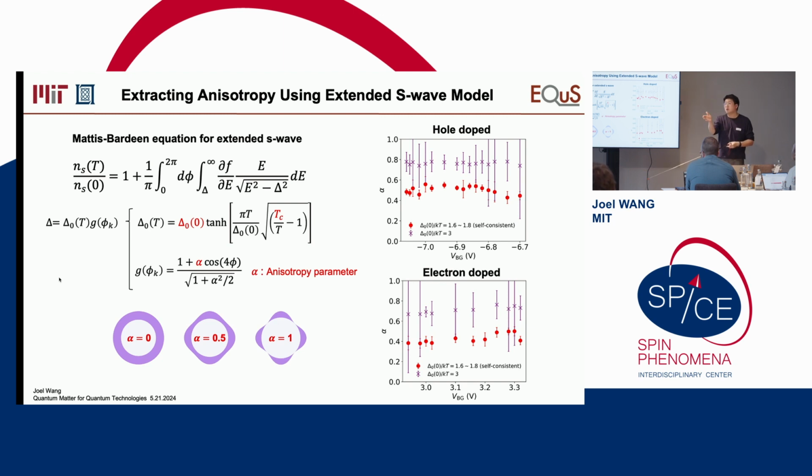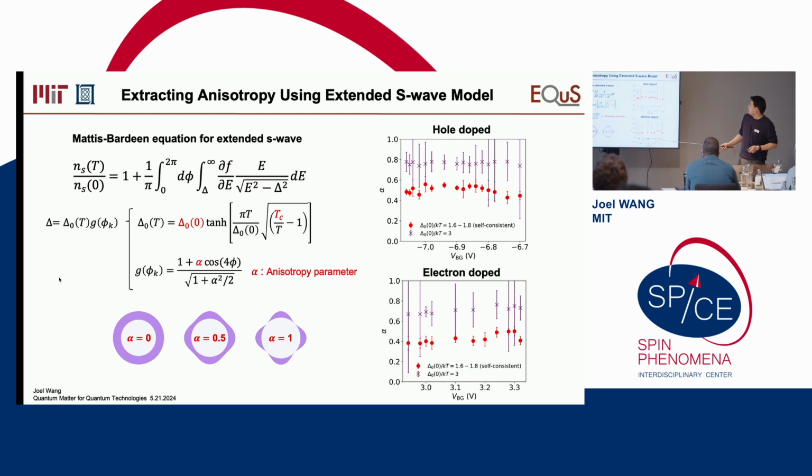You're right, the effective mass can change from different gate points. So this fit is actually proportional to the inverse of Ds. Ds captures the overall effect of the change of ns and the effective mass. So that's why people tend to talk about Ds rather than ns in flat band systems. At the beginning we thought it was ns, but we realized it's more accurate to talk about Ds.